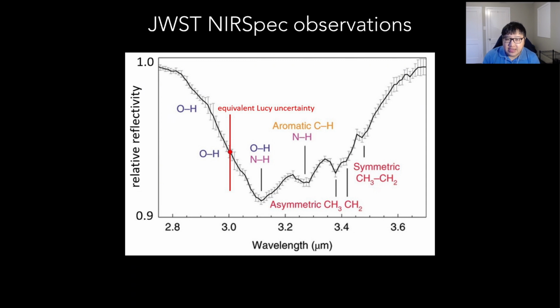It is also worth emphasizing that while the Lucy spacecraft is equipped with a near-infrared spectrograph, similar to what was on New Horizons, the smaller aperture size of the telescope means that the spacecraft data will not achieve nearly the same sensitivity as NIRSpec. In red, I've overplotted the equivalent Lucy uncertainty at the same spectral resolution, which underscores how JWST observations will be indispensable in filling the gaps in data quality that would otherwise limit the explanatory power of the Lucy mission.